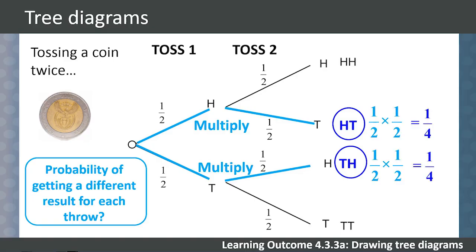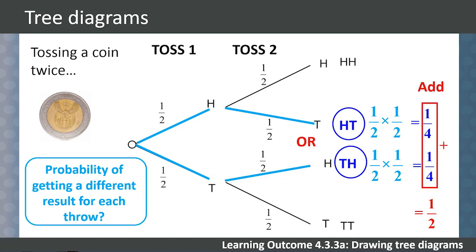But now we are interested in the probability of getting HT or TH, which is two branches. So we add the two probabilities together. A quarter plus a quarter is a half. So the probability of getting two different results in two throws is 1/2, or 50%.